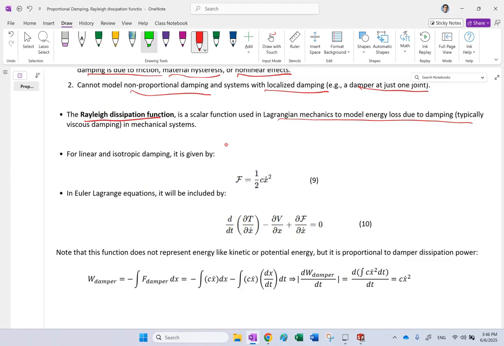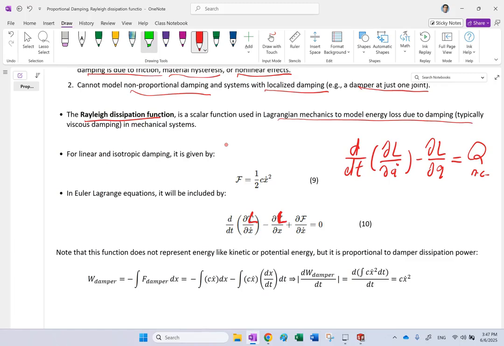Remember, if you watched my videos where I used the Euler-Lagrange equation, the way that I wrote it, and I can replace this with L if you want, is: d over dt of partial of L with respect to q dot, minus partial of L with respect to q, equals a generalized force that was non-conservative. So this is how I always wrote the Euler-Lagrange equation, okay?